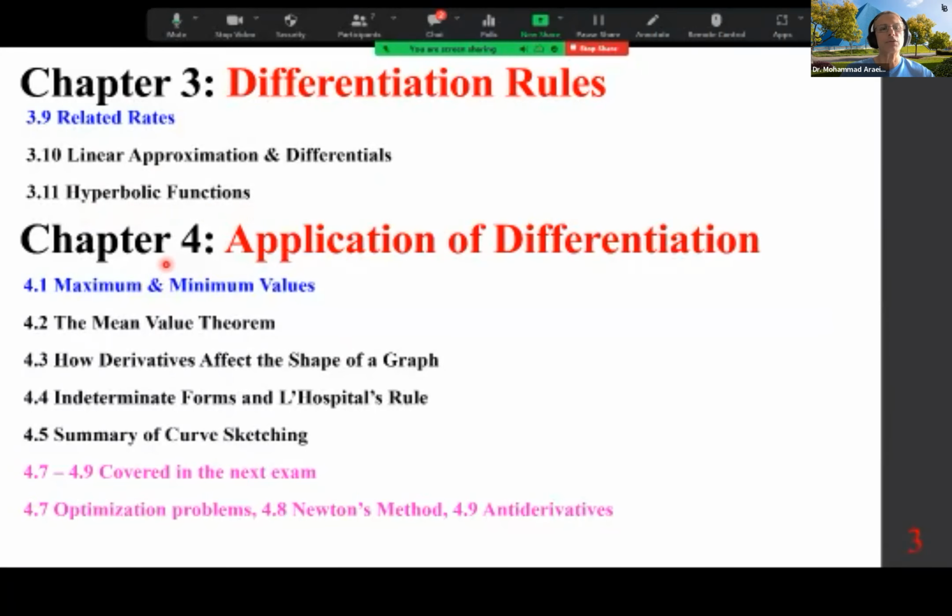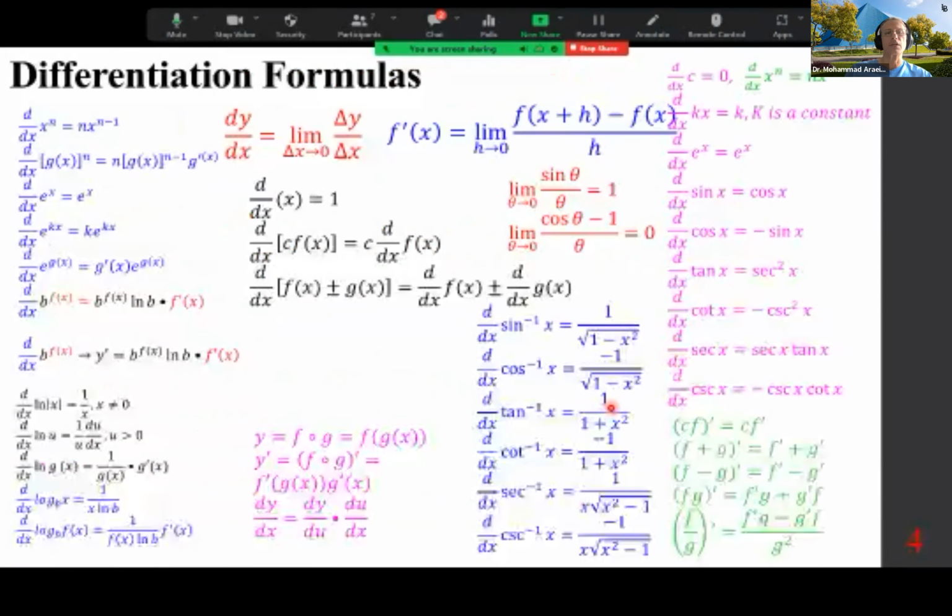That finishes chapter 3. In chapter 4, we go to applications such as maximum and minimum values, the mean value theorem, how derivatives affect the shape of a graph, indeterminate forms and L'Hopital's rule, and a summary of curve sketching.